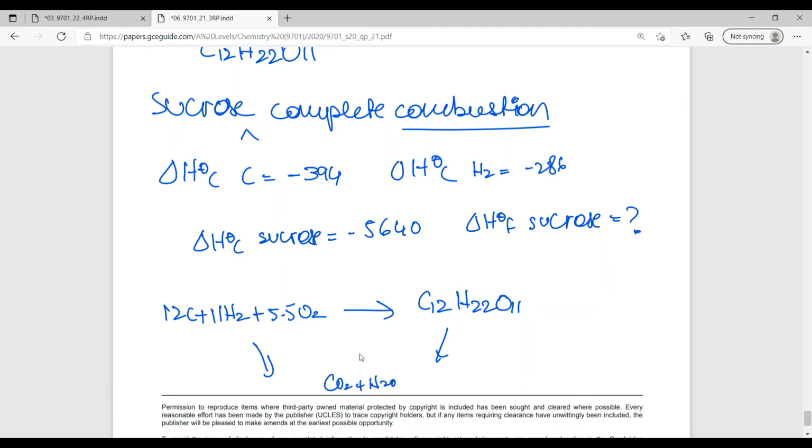No marks are awarded for this being completely balanced, so I'll just leave it as it is. So H2, H1, and delta HR, and since it's from standard elements to a product, it is also equal to the delta HF, right?